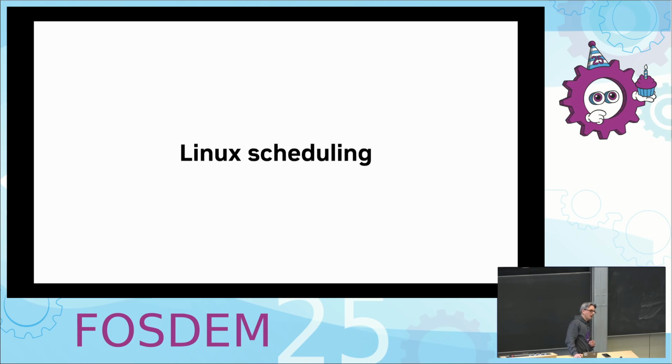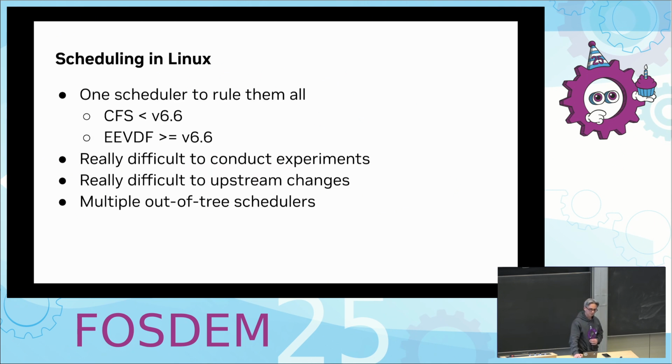We need to see how the Linux scheduler is working. The idea in the Linux kernel is that we need to have one scheduler to rule them all, meaning that we don't support pluggable schedulers, or we used to not support pluggable schedulers. So why is that? For many reasons. One of them is a valid concern, to avoid fragmentation.